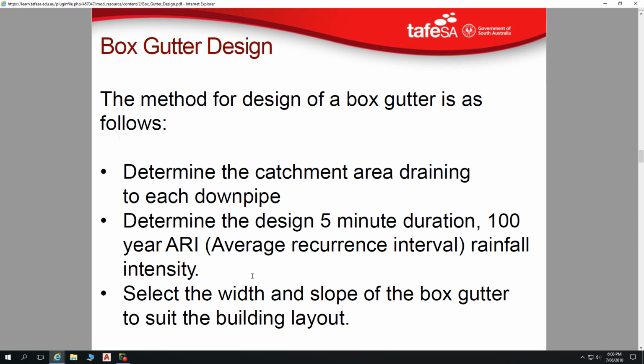So method, actually, I won't go into this. I'll just briefly run through it really quickly because, as I said before, there is that online box gutter calculator, which makes it so much simpler. The method to design a box gutter is as follows: determine the catchment area draining to each downpipe. Determine the 5-minute duration for a 1 in 100 year recurrence interval, so the rainfall intensity. Select the width and slope of the box gutter to suit the building layout.